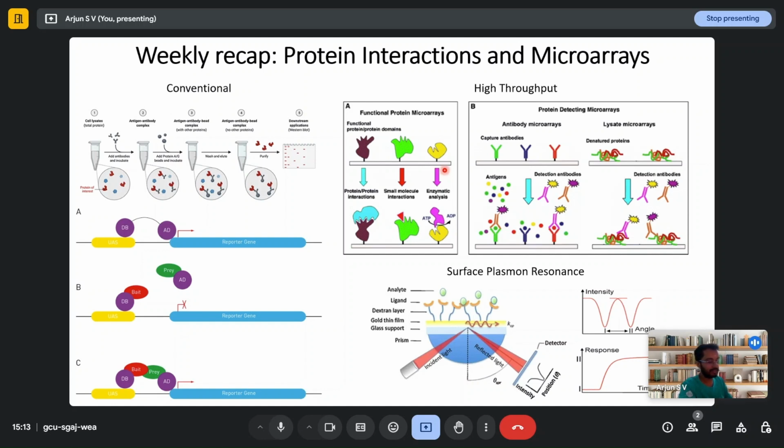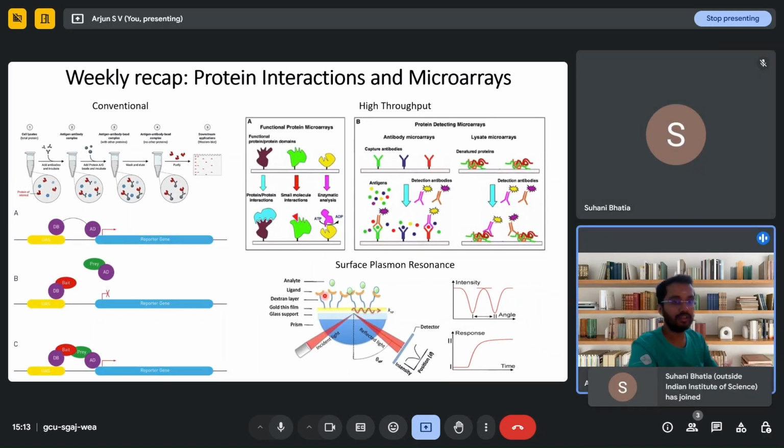Here is a general schematic of surface plasmon resonance, where there's a gold film, and upon the gold film there is a linker, and the ligand of your interest is conjugated to the linker. An incident light is passed through the gold film at an angle which causes total internal reflection.